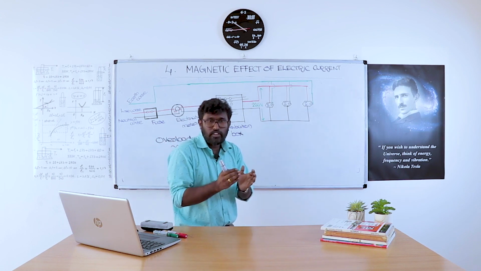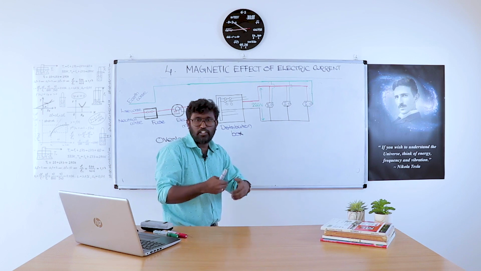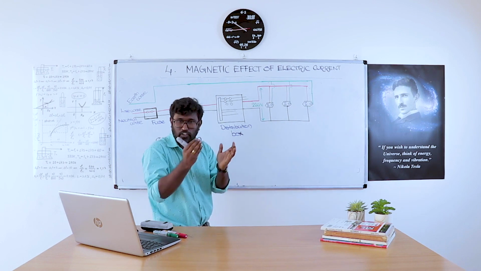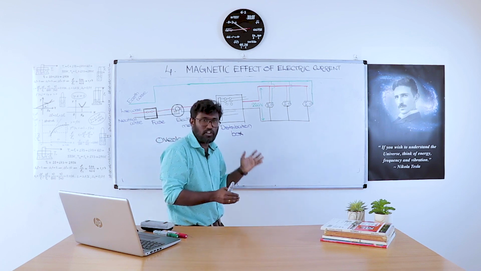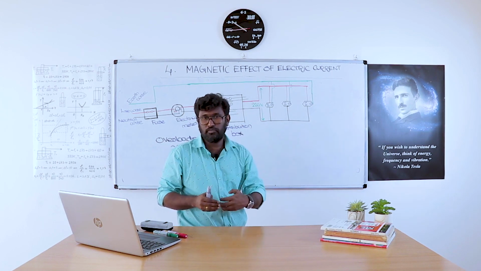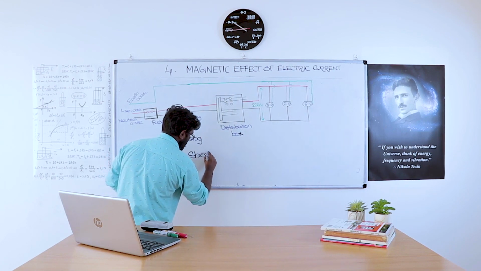Due to that, the wire will heat. There is a chance of overheating of the wire, and due to that overheating, there is a chance of fire. So that is called overloading. Due to overloading, there is a chance of short circuit also.